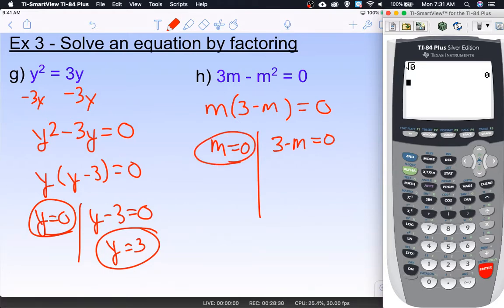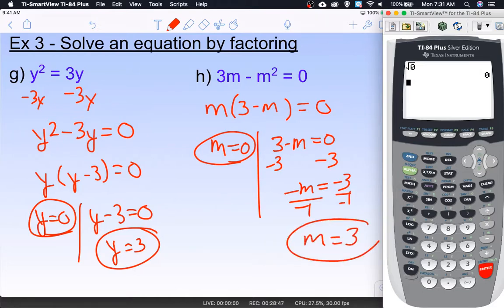Well, the left side's already solved. The right side, maybe take 2 steps to solve. You're going to have to subtract 3 on both sides, then divide by negative 1, and m equals a positive 3.